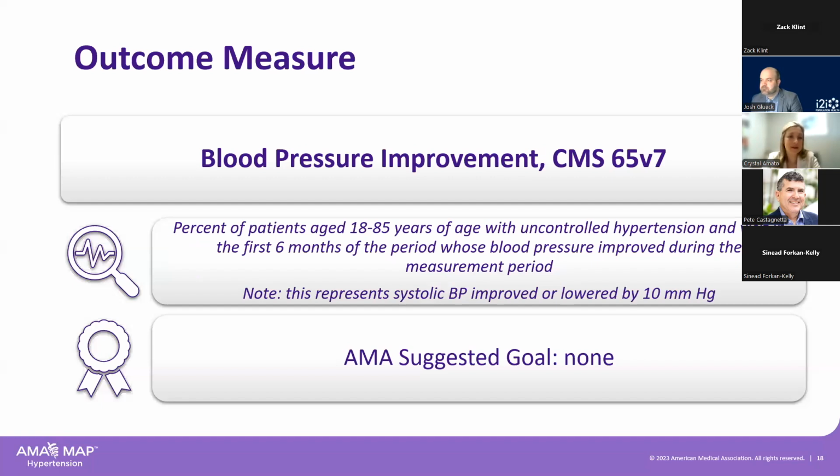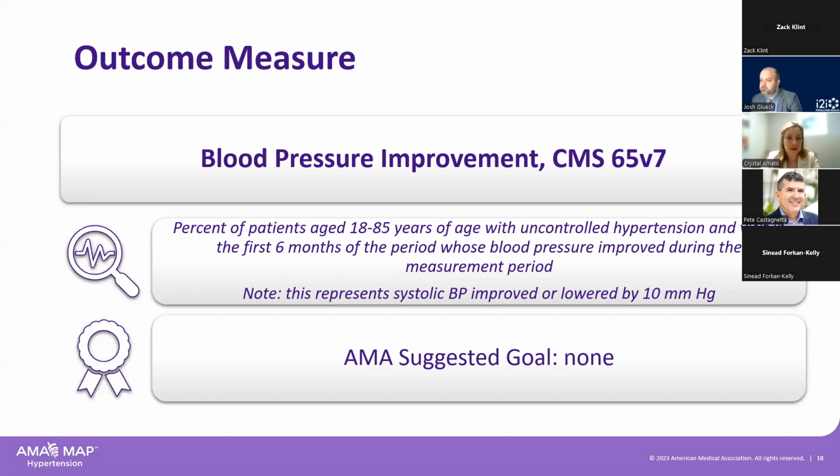All right, there is a second outcome measure, and that's blood pressure improvement, which is aligned with CMS 65, which you're probably already familiar with as well. This is where you can get credit for improving blood pressure. It's looking at that same denominator population as the blood pressure control measure.